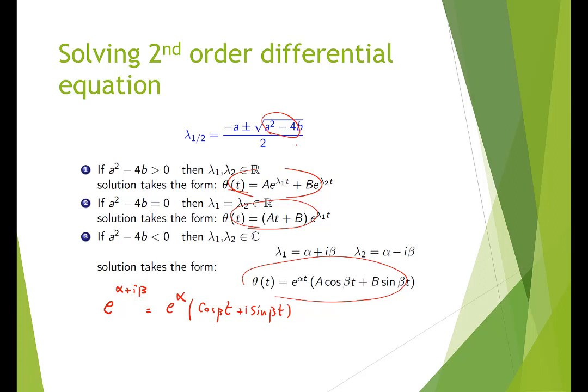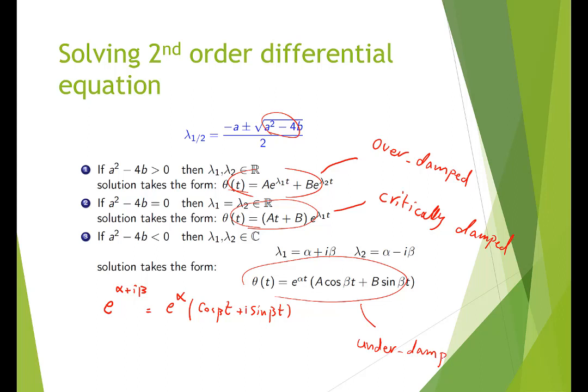These solutions actually have names. This is what we call overdamped. This is what we call critically damped. And this is what is called underdamped. Why? We can plot this and take a look at the answers.